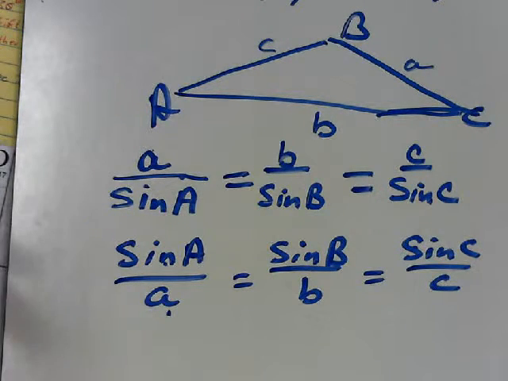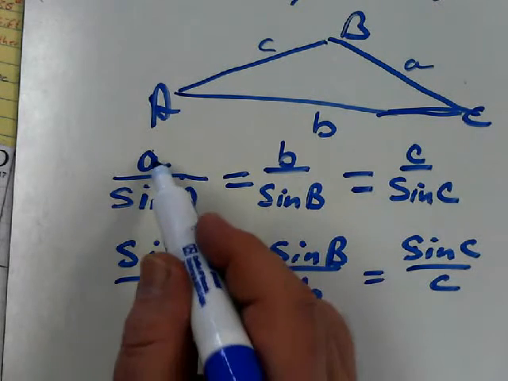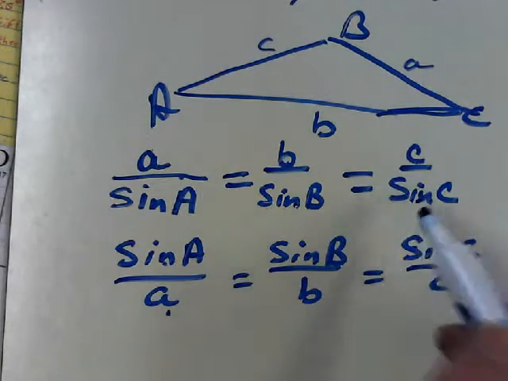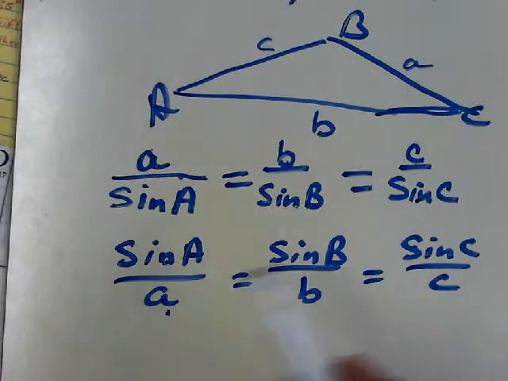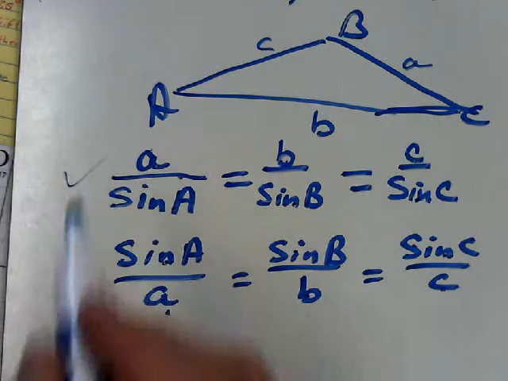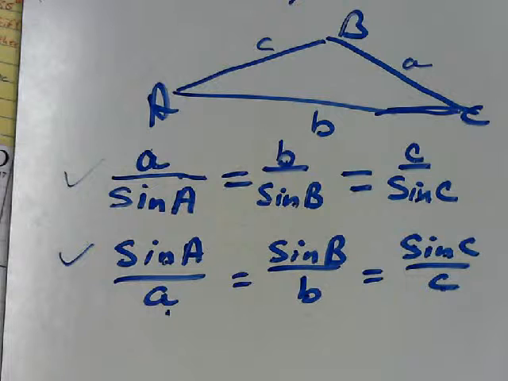Does that make sense? Like if this ratio was 3 over 5, 3 over 5, 3 over 5, and this one's 5 over 3, 5 over 3, 5 over 3, if I'm using it for calculating, it's not going to make any difference. So either one of these are true. Some people like this one, some people like this one. I don't care. I prefer this one. But I don't care.